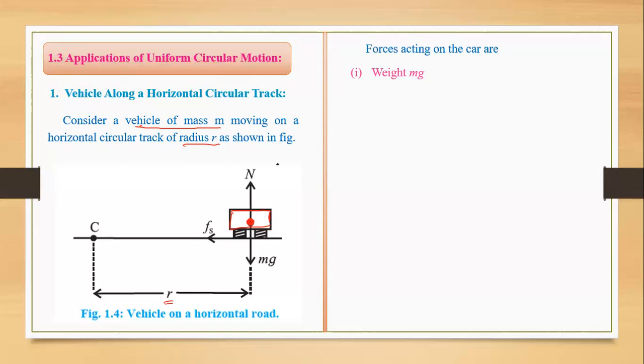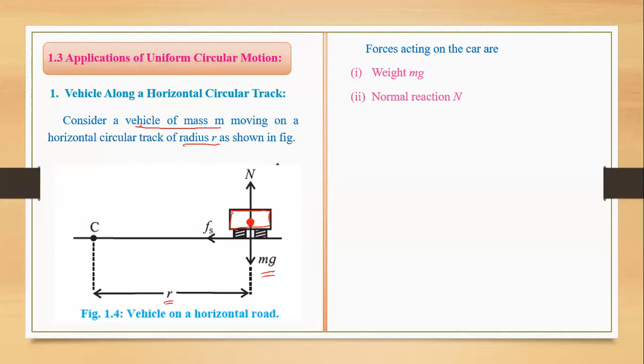The second force is the normal reaction exerted by the surface on the vehicle. The vehicle exerts the force of weight on the surface, and at the same time the surface exerts a reaction force, which is called the normal reaction. You can see the normal reaction in the diagram.